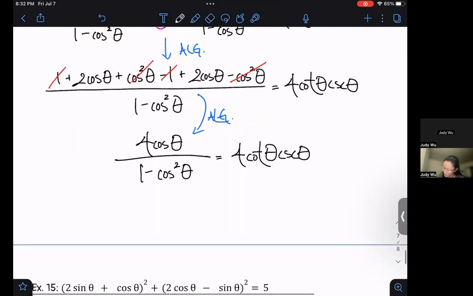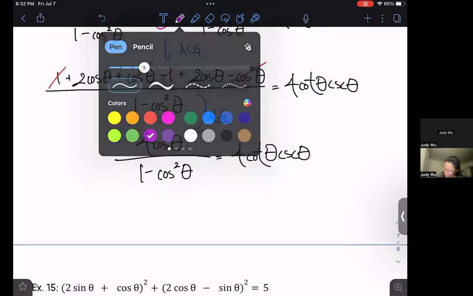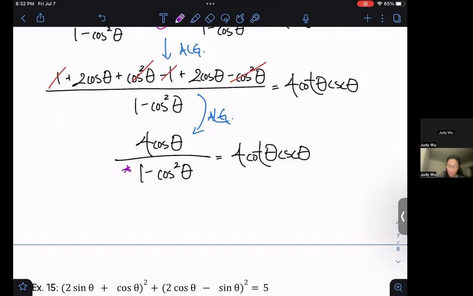Now, I'm going to put a purple star next to this one, because like before, we said here's a Pythagorean identity, but we can subtract things from both sides. So in this case, if I subtract cosine squared, I get sine squared x equals 1 minus cosine squared x.